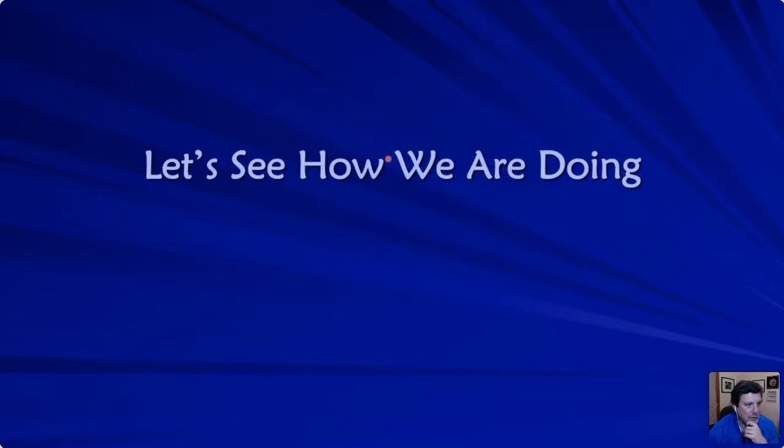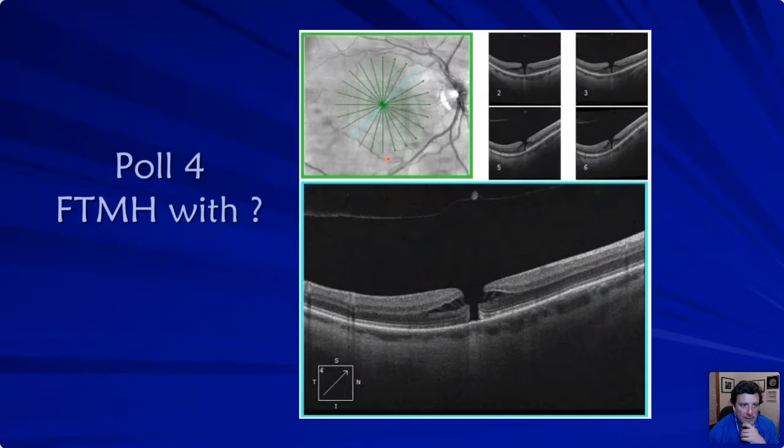So let's see how we're doing. I do have a polling question. So Joe, polling question number 4. I think we all have learned, and you can see here that maybe this one's been here a little bit longer, that we have a full thickness macular hole. We can measure this, and maybe that's a small or a medium full thickness macular hole, but this is a full thickness macular hole with what else going on?